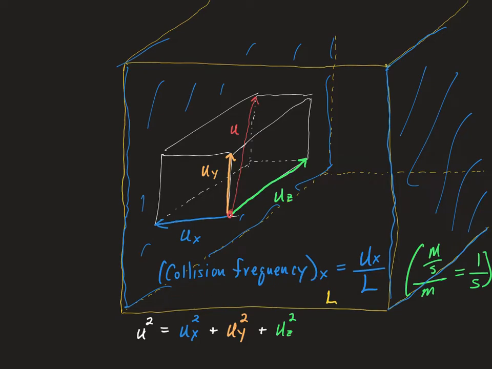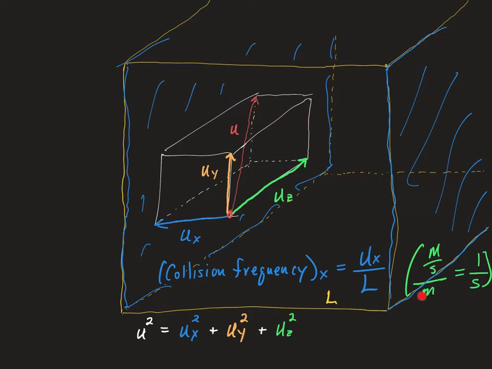How often does our particle hit this side of the box or this side of the box? Right? That frequency of collisions in the x direction is equal to the speed at which the particle is moving in the x direction divided by the length, right? Speed divided by length. Speed is in meters per second. Length is in meters.